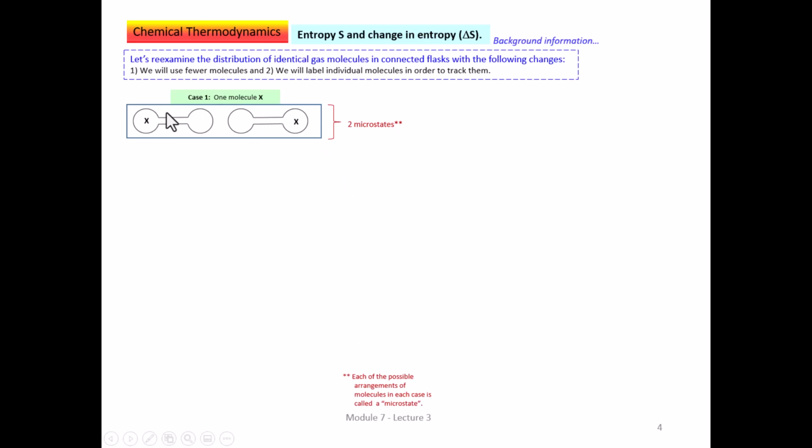So we have two possible arrangements, two microstates. And then we ask, what would the probability be of having all the molecules being found in the left flask? Well, all the molecules in this case is just one molecule, and the probability of it being in the left flask would be 1 out of 2. So this seems rather straightforward.